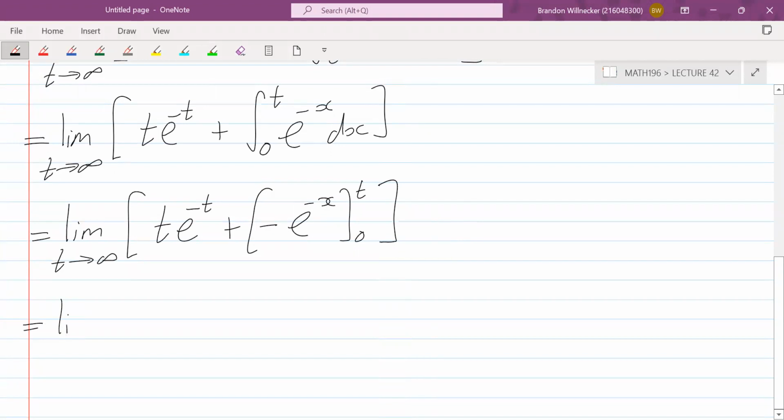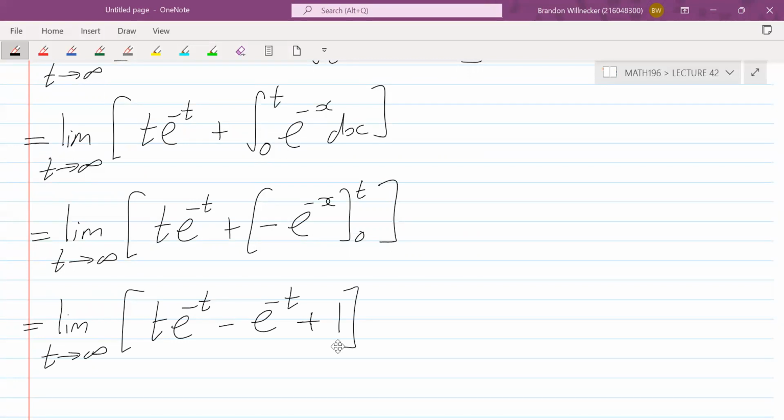So this will be the limit as t goes to infinity of t e to the minus t minus e to the minus t. If we substitute the 0, we're going to get minus minus, so it's a plus 1, because e to the 0 is just 1.